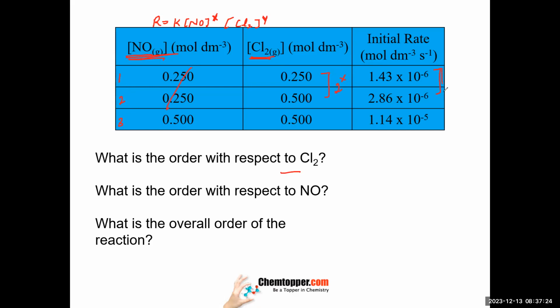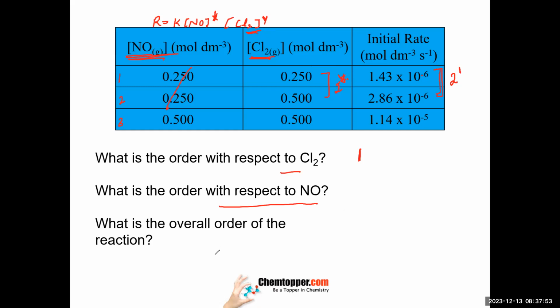How much has this increased or decreased? Increased. How many times? Doubled. So 2 raised to power 1, right? So what is x? No, it's what? Y, sorry. This is Cl2, Y.